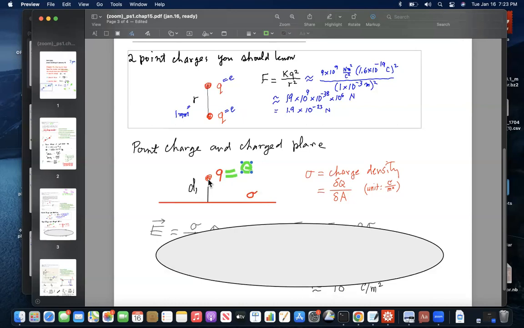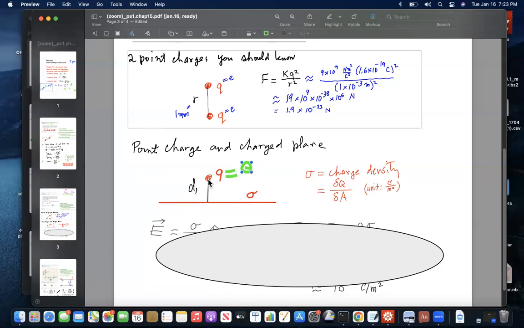And the answer is given in equation 15.8. Actually, 15.8 is the field due to two planes. So the field due to one single plane would be 1/2 of the answer in 15.8. 15.8 gives me the electric field between charged parallel planes, but I only want 1/2 of that.